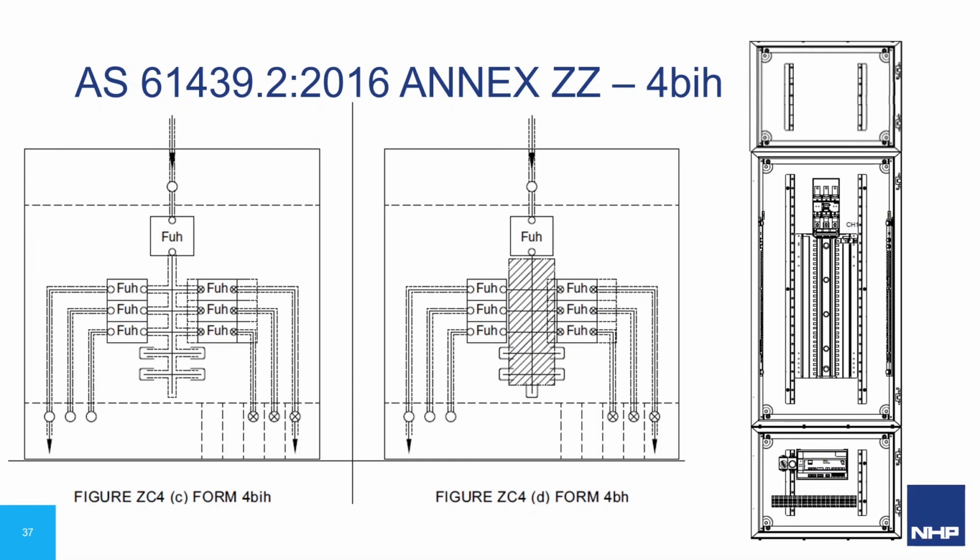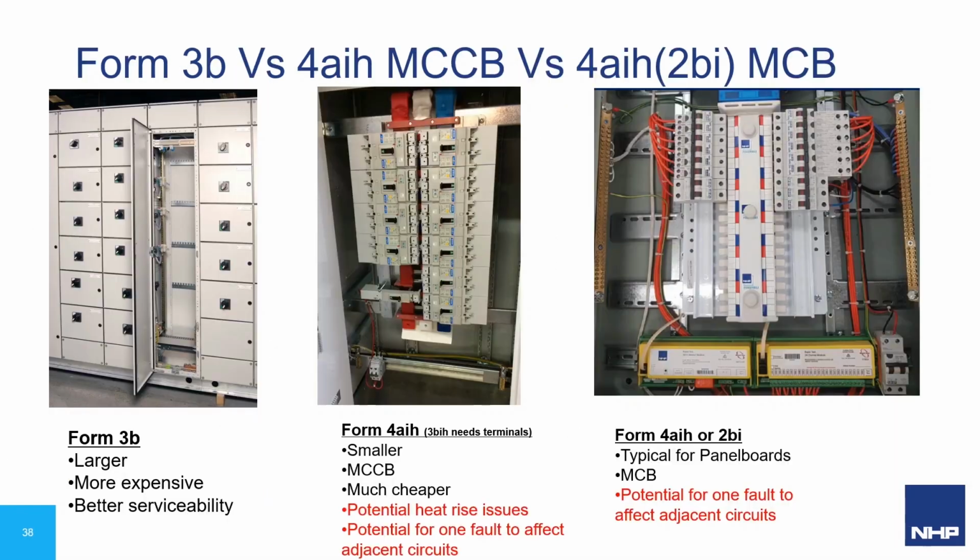These terminals require physical separation via partition from the rest of the assembly. This again adds considerable size and complexity to the board. It can be achieved best by using a separate header box to which the assembly manufacturer can terminate to IP2X protected terminals for connection of the external conductors.